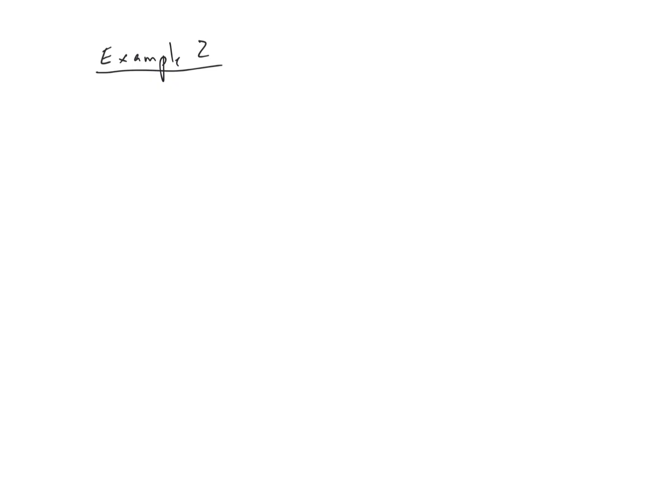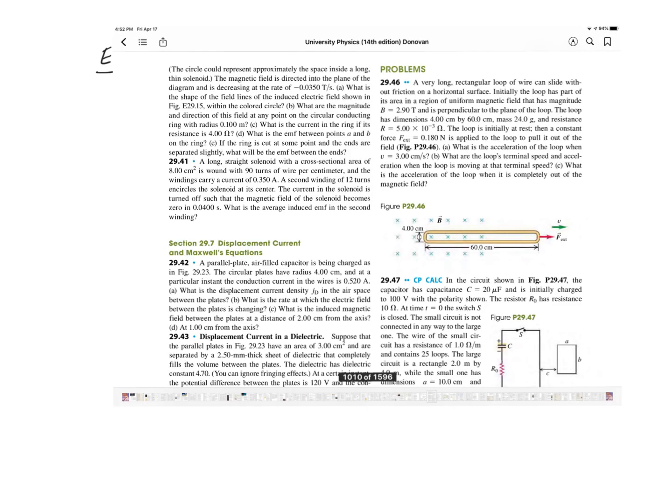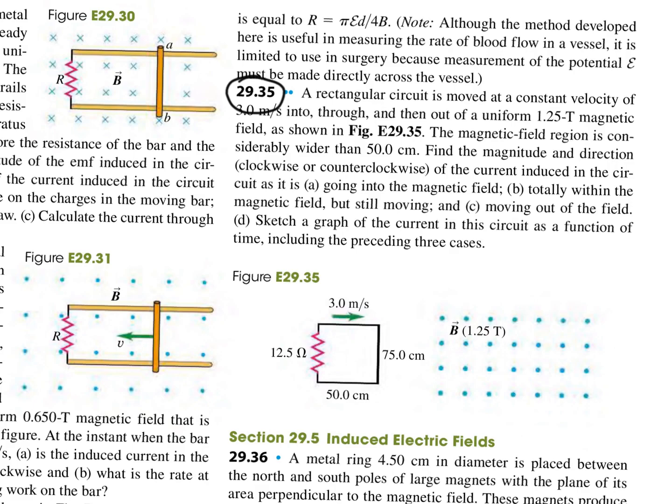And I think that you have to solve the following example from the textbook, similar to those that we solved in class. Just a moment, and that you know how to do it. And this problem 29.46, you should do it, and this problem 29.35.